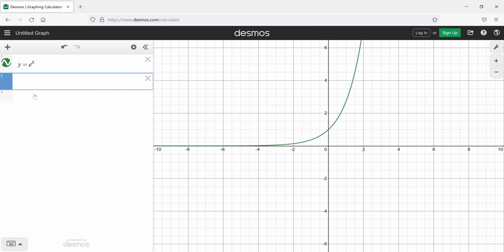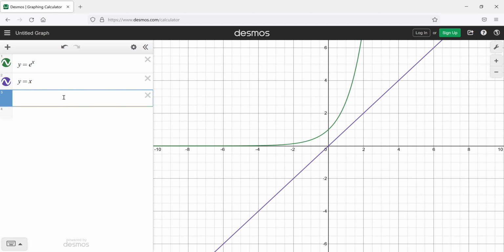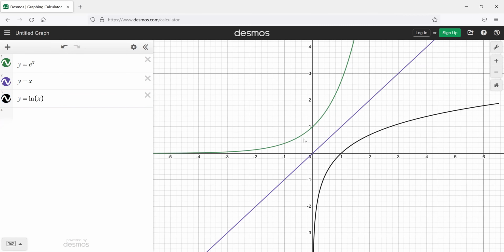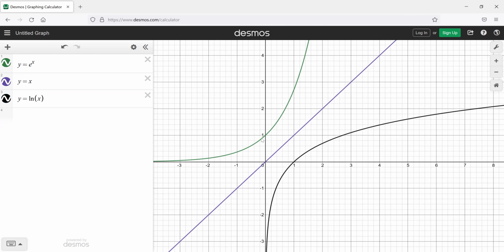Okay, so the next thing I'm going to graph here, I'm graphing this. Do you see this green function here on the left? And you see this line right here going through the origin. And then y equals this function. Now, I want you to tell me if the green, when mirrored over the purple, becomes the black.